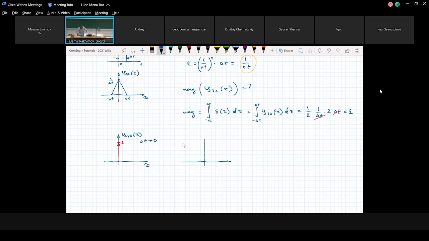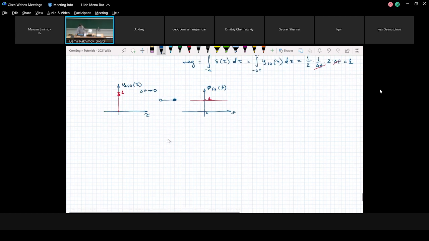The energy spectral density of our delta pulse is a constant, with amplitude equal to 1, and it goes from minus infinity to infinity. So that's it. And this is the second way we can show the autocorrelation function of the delta pulse. Okay, are there any questions?